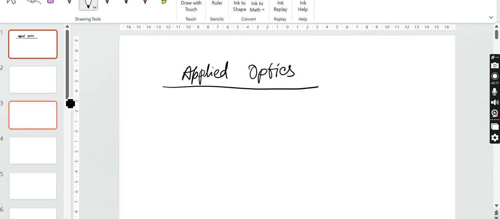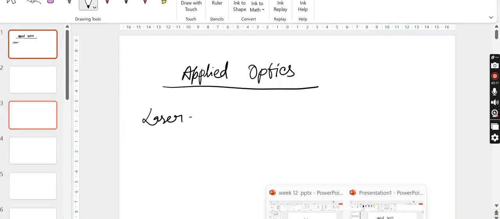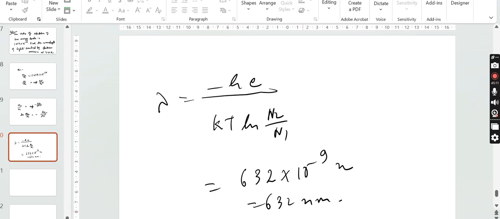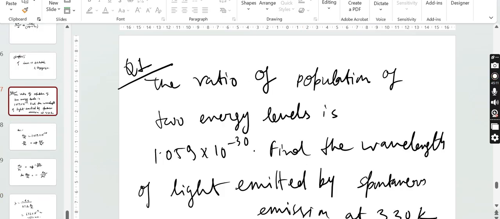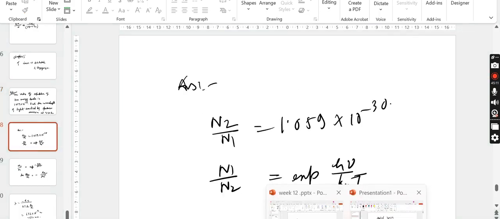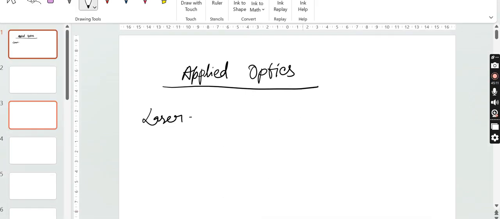Last day we discussed laser, and I showed you a question basically about the population of energy levels. So today, I'll describe an example.